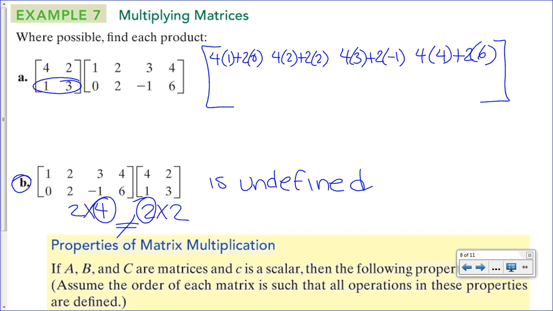Now let's work the second row. So second row, first column, that will be 1 times 1 plus 3 times 0. So we're done with the first column. Let's move to the second column. And we'll have 1 times 2 plus 3 times 2.